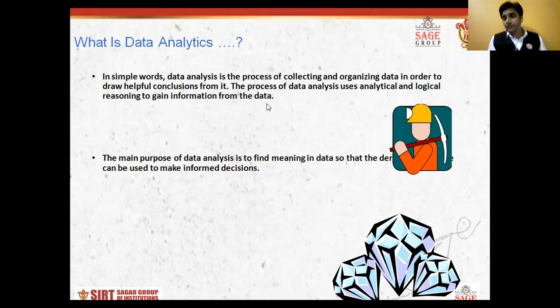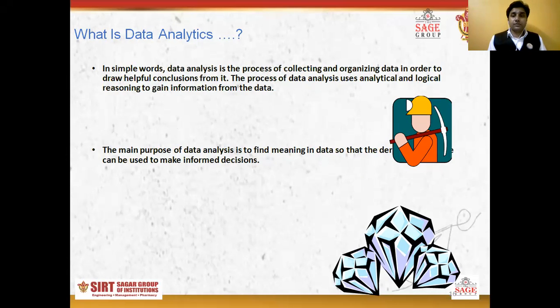What kind of reasoning? It means we have to apply different data mining algorithms on data. The main purpose of data analytics is to find the meaning in data, so that the conclusion can be used to make decisions, so that we can draw the conclusion, and so that we can find out the inference.